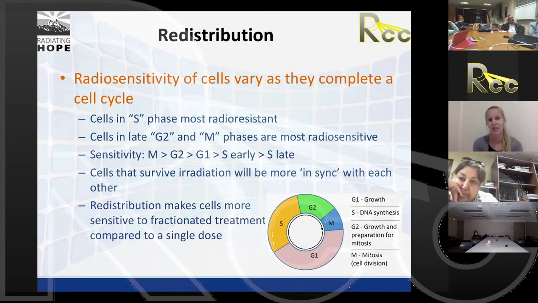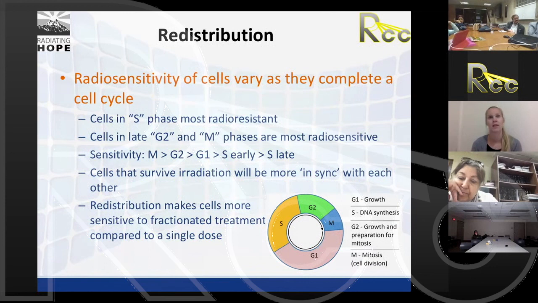The sensitivity of a cell increases from the G1, G2 to the S phases. So what happens if we irradiate a bunch of cells? If you have a big jar of cells and you irradiate them, those cells are all going to be in different parts of their cell cycle.